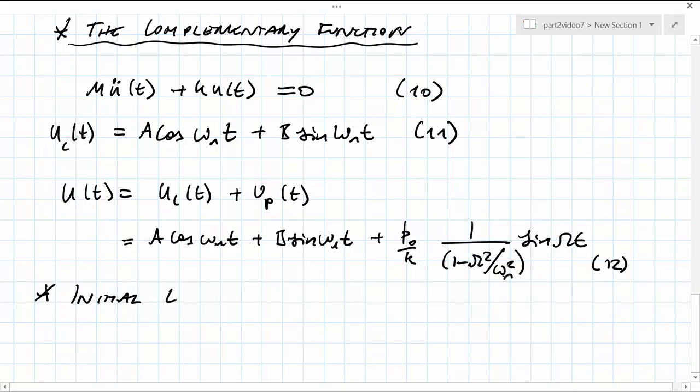The only thing left now to do is to apply our initial conditions.